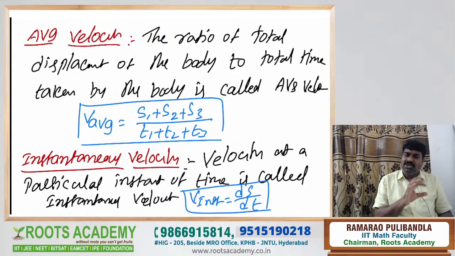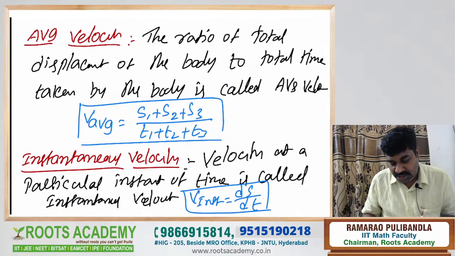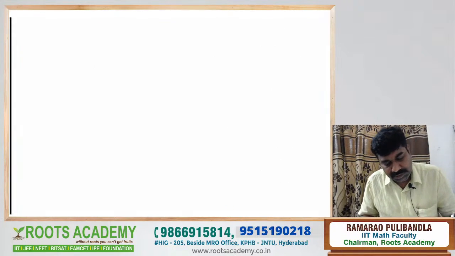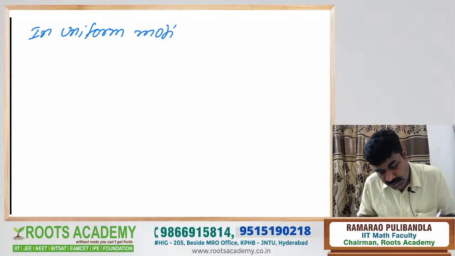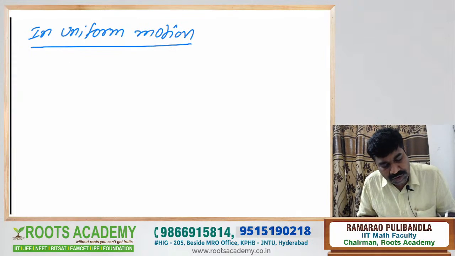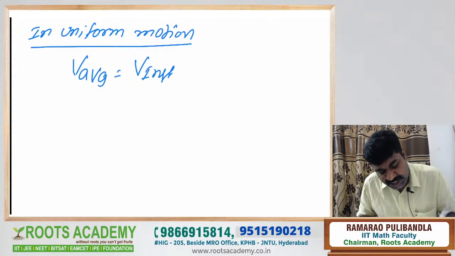The average velocity is the total displacement by total time taken. At a particular instant, that is called the instantaneous velocity. In uniform motion, the average velocity is equal to the instantaneous velocity.